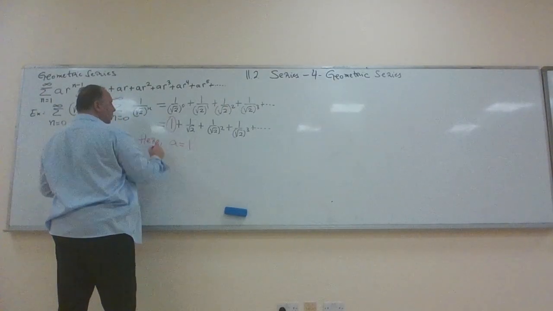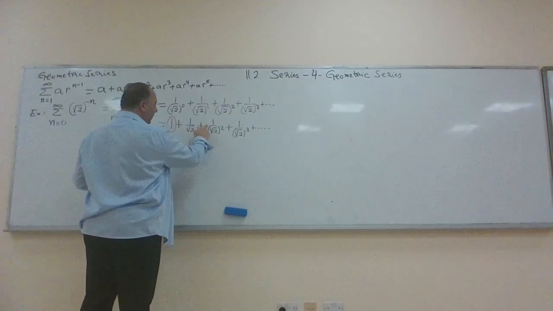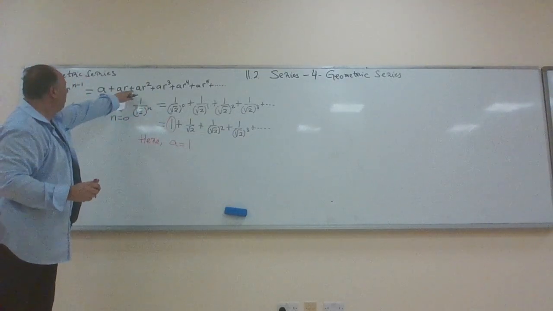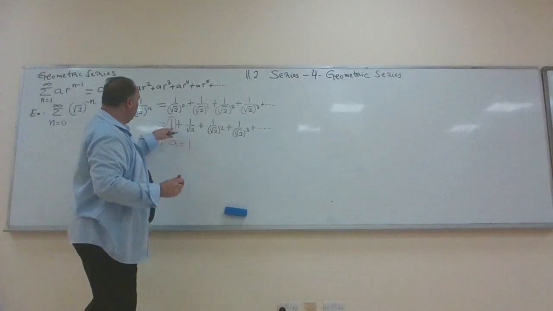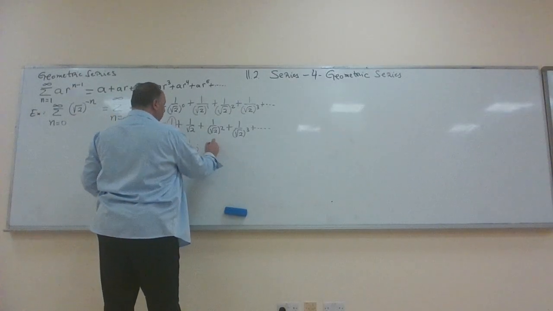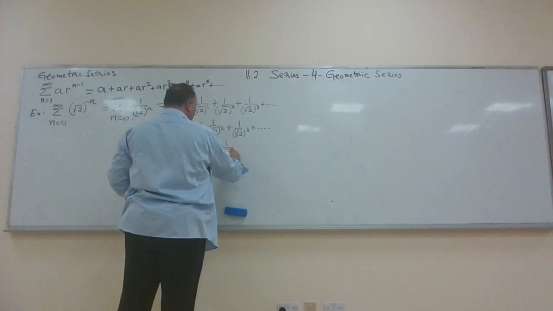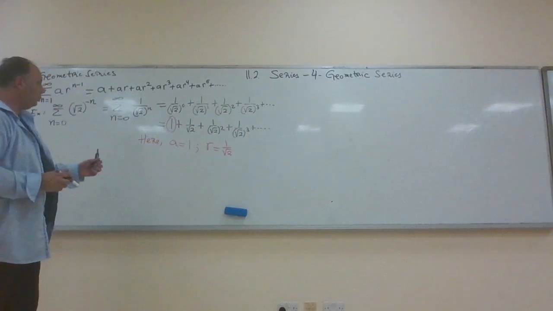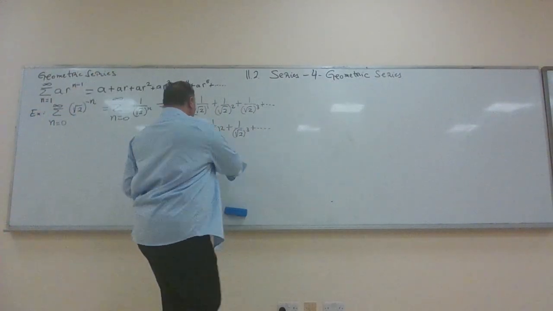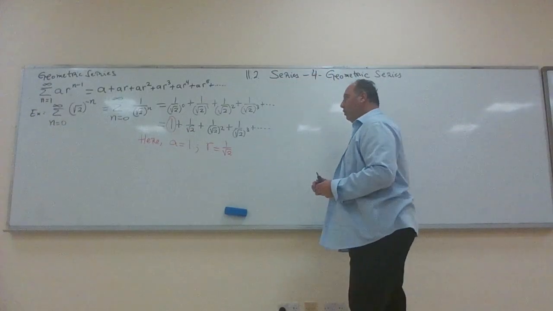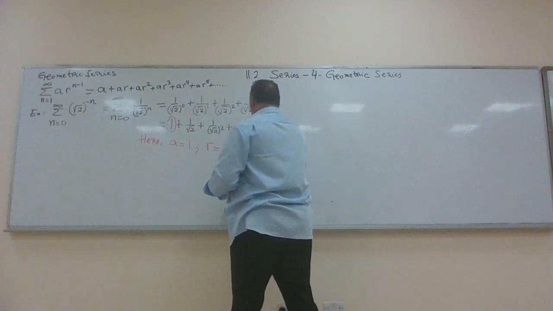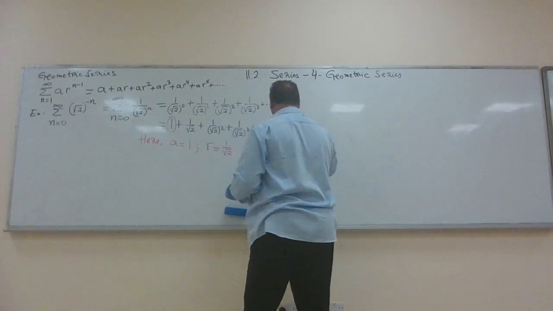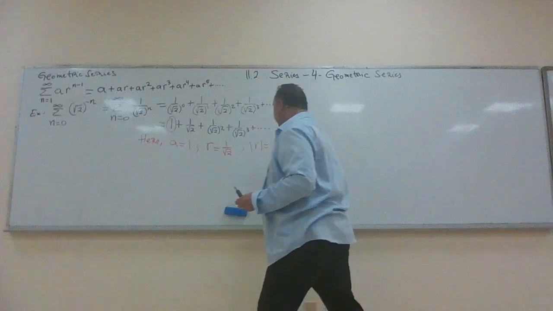So we have the shape 1 plus 1 times R plus 1 times R squared. So it's there. R is 1 over radical 2. It's positive. Now radical 2 is approximately 1.4. 1 over that is smaller than 1. Which means that the series is convergent.